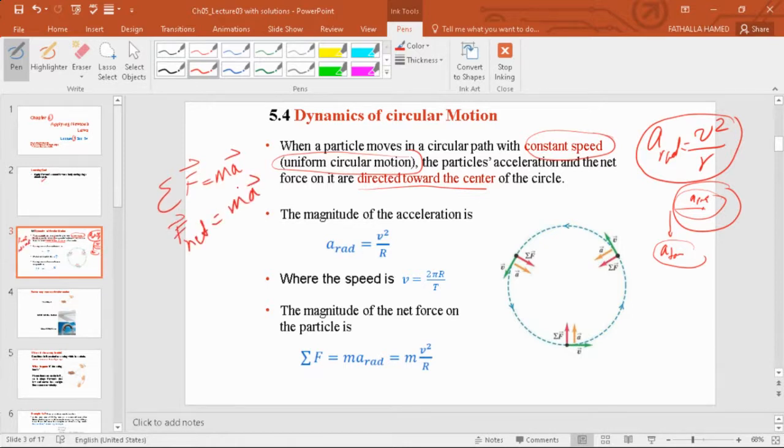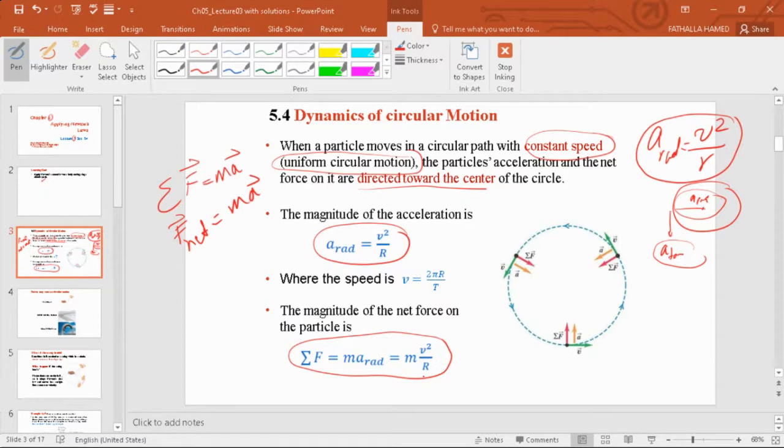So in the case when the net acceleration is toward the center, you only have uniform circular motion. That means you're going to have an acceleration whose magnitude, the a_radial or a_centripetal, is v squared over r. In that case, your net force along the radius will be equal to mv squared over r.